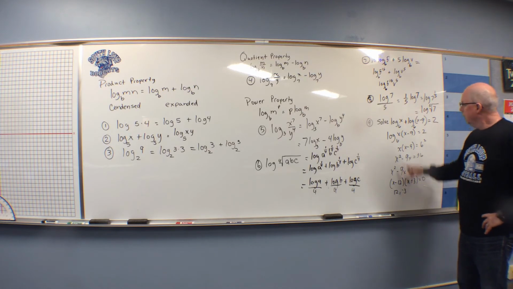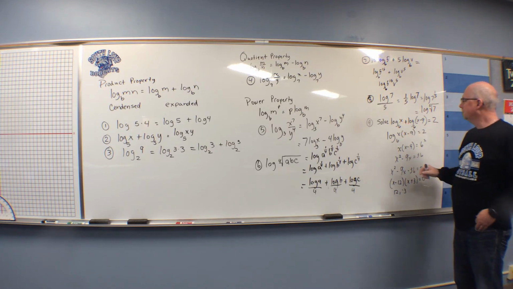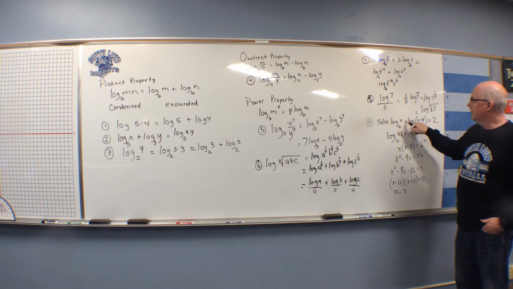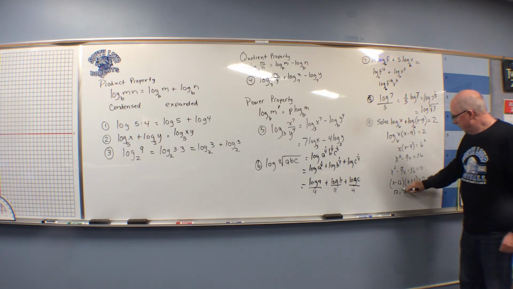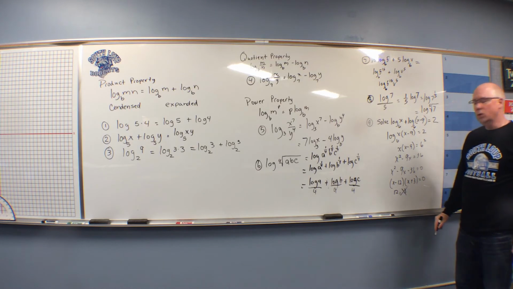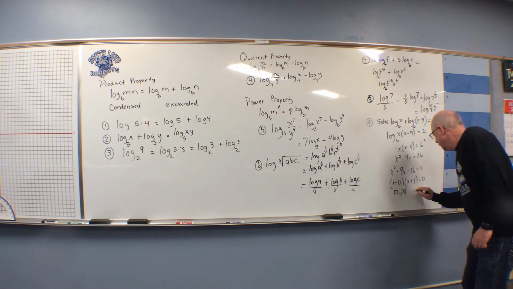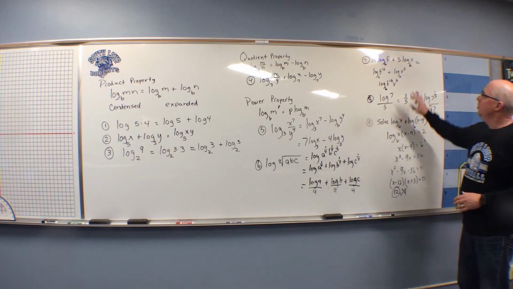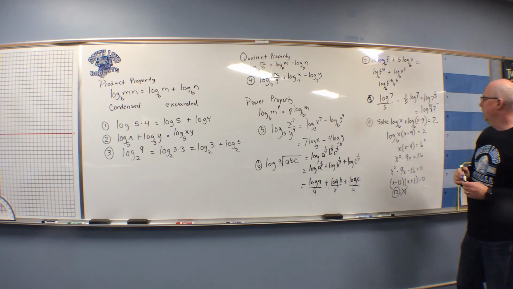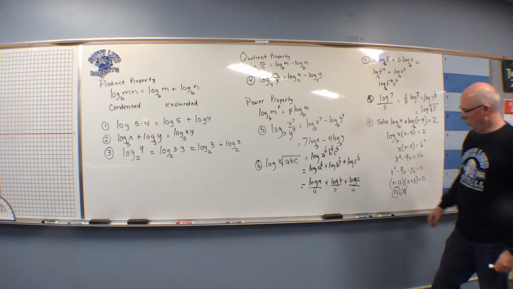However, if you put a negative 3 back in, there isn't 6 to any power that equals a negative number. Therefore, this negative value is an extraneous root, and my value is 12. My answer is 12. So we can use the concept of condensing and expanding to solve a logarithmic equation.